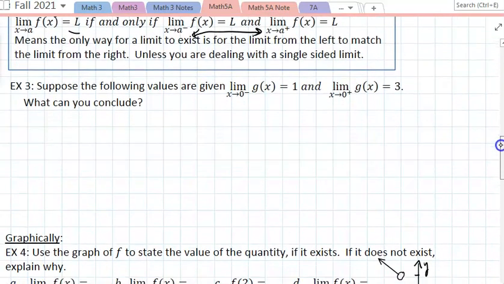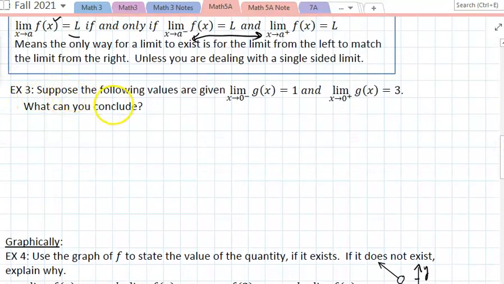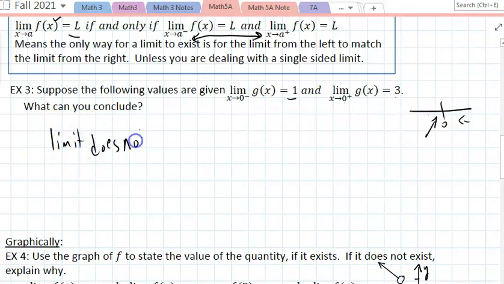For example, suppose the following values are true. If I take the limit as x approaches 0 from the left, I get a 1. I take the limit as x approaches 0 from the right, I get a 3. What can you conclude? We conclude that the limit does not exist.